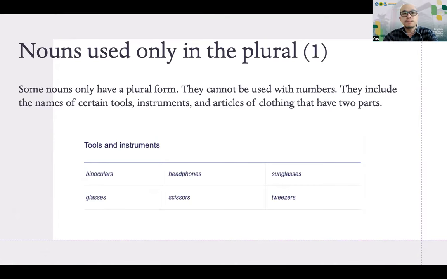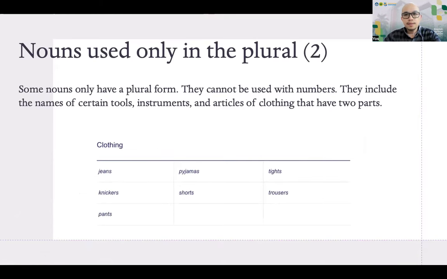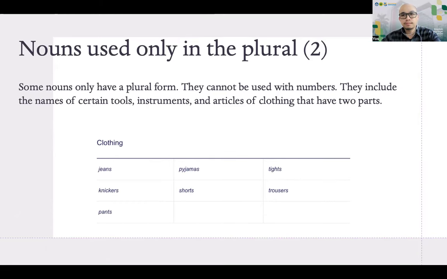Glasses, headphones, scissors, sunglasses, and tweezers. Other examples are jeans, knickers, pants, pajamas, shorts, tights, and trousers. Those are the nouns used only in plural.